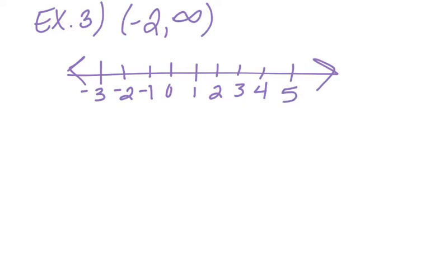Okay, so then we look at our starting number. It's -2. So we are going to make an open circle at -2. And then we are going how far up? We are going to positive infinity, which is forever, right? It's continuous. So we are just going to shade this entire number line. And we're going to shade all the way over, including the arrow. Okay? And then that is how you graph the intervals.